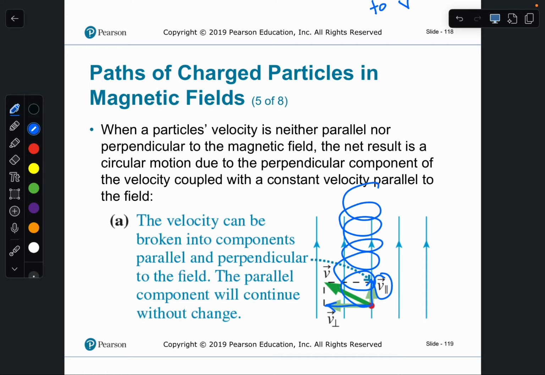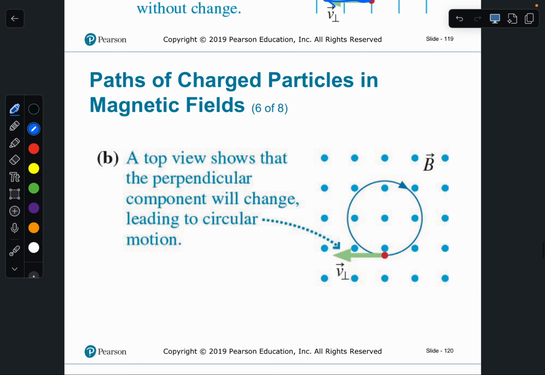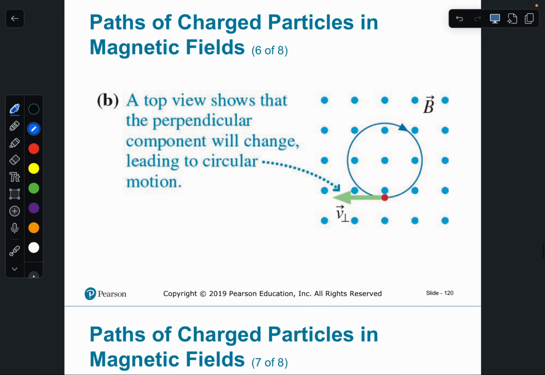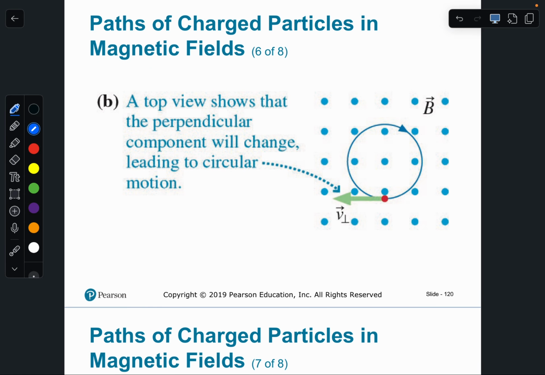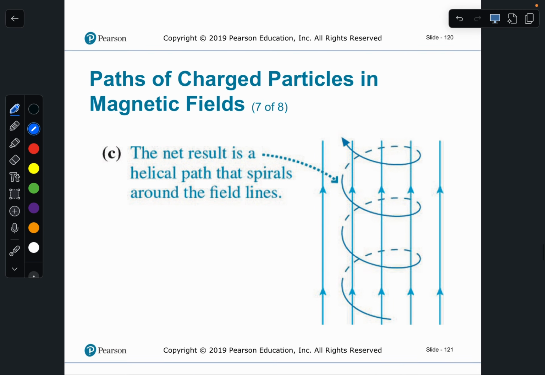So if the particle's velocity is not perfectly perpendicular to the B field, then what you'll get is helical motion instead of just a flat circle. If you're looking straight down, you're only going to see circular motion, but if you tilt this to the side, you're going to see circular motion with a parallel component.